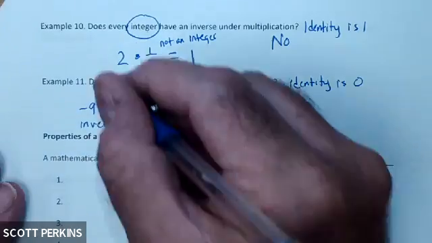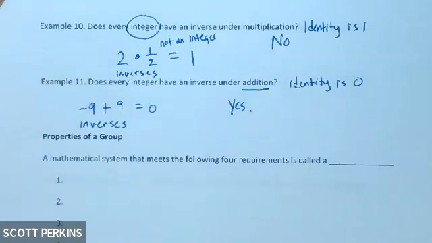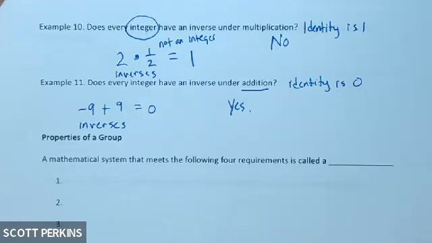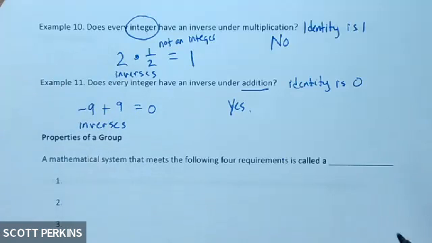So I will write right here that these two things are indeed inverses of each other, but a half is not an integer. By the way, in case you remember your arithmetic, does anyone remember the word for if you take a number and you flip it over? The reciprocal, yes. So as far as multiplication is concerned, reciprocals are inverses, just a different word that means the same thing.